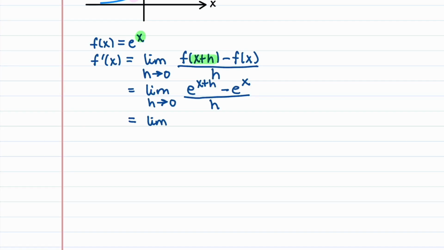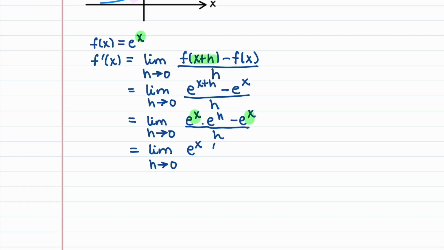So this is the limit as h goes to 0 of e to the x times e to the h minus e to the x, all divided by h. Now, each term in our numerator has an e to the x, so we can pull that out. So we'll write this as the limit as h goes to 0 of e to the x, and then we're left with e to the h minus 1, all divided by h.